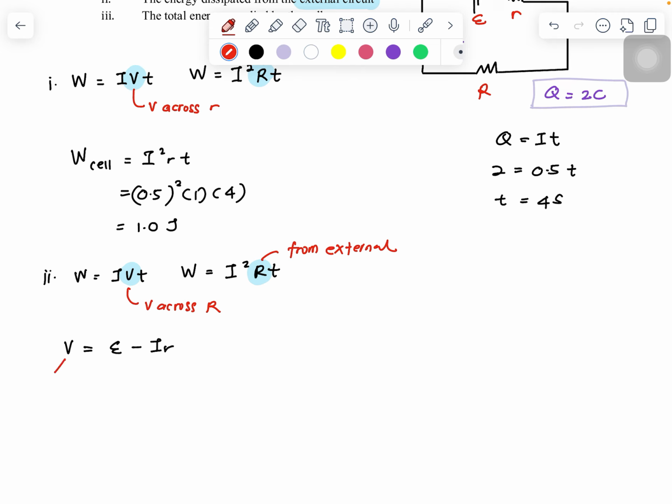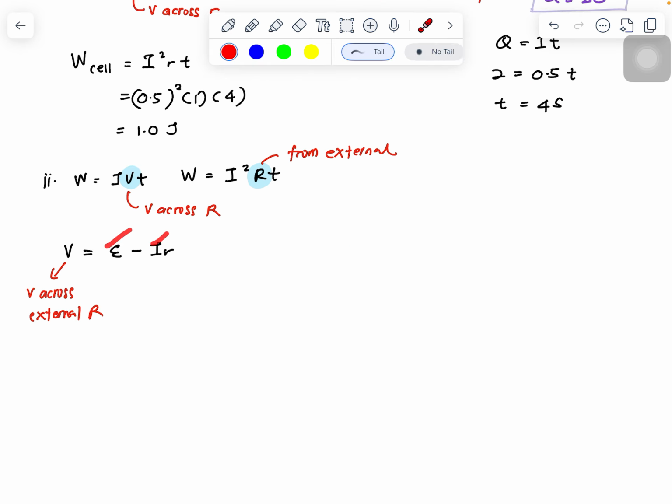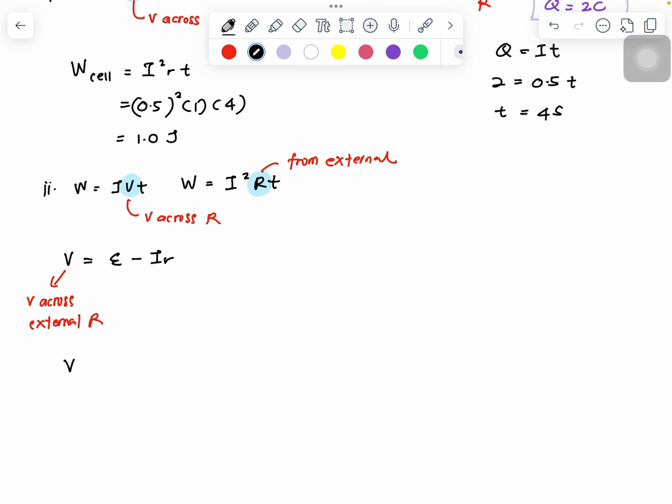So V yang kita kira ni adalah voltage across external circuit ataupun external resistor. Okay, so since kita ada EMF, ada I, ada R, so bolehlah cari V. Okay, di mana EMF 1.5, I 0.5, and then you get the voltage across external resistor is 1 volt.